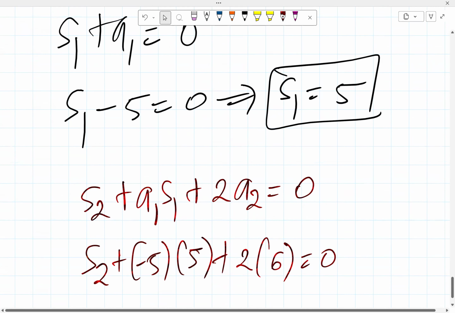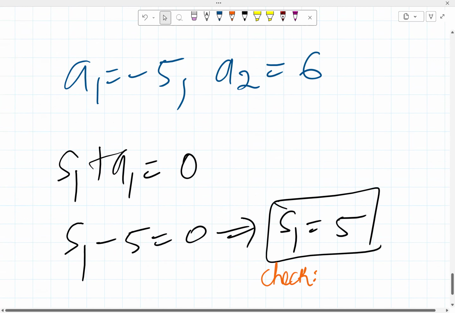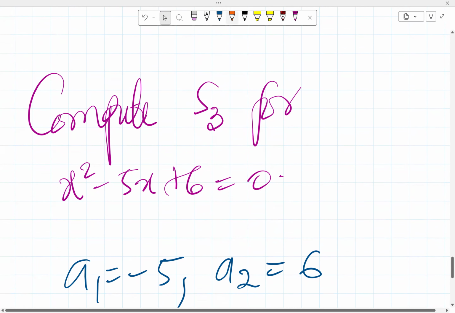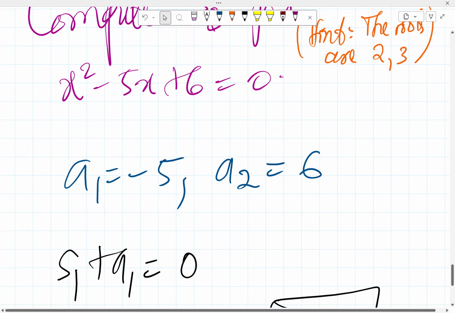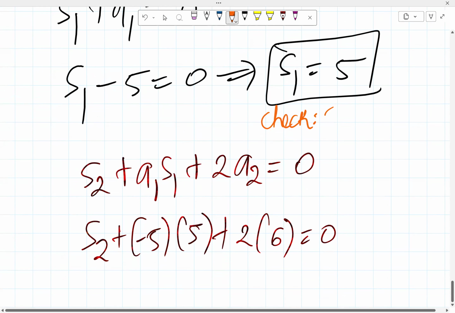Okay, we can check. We know the roots here; we have the hint that the roots are 2 and 3. So S1 is R1 plus R2, which is 2 plus 3, and that is 5.